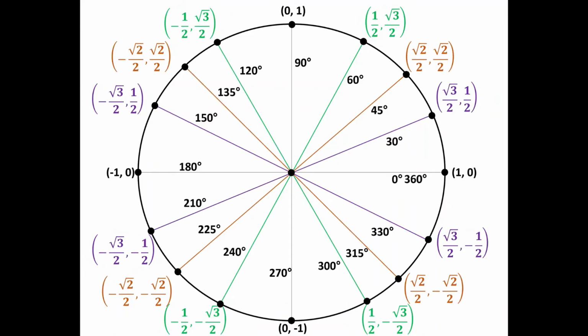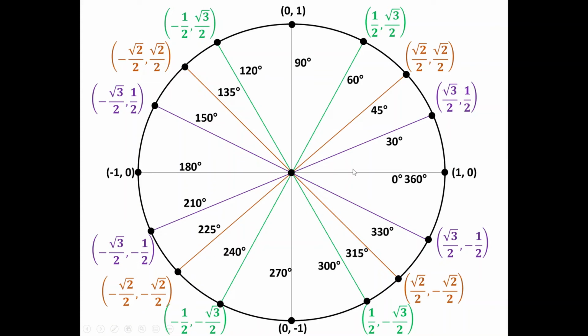So now let's put it all together. This is what it all looks like. Only the degrees are shown on here. I've only got the degree measures because that tends to be what students understand a little better when we're first talking about the unit circle. So we've got our 360 degrees total right here.